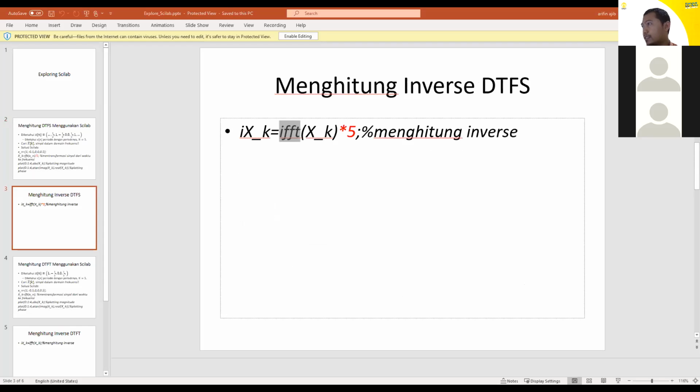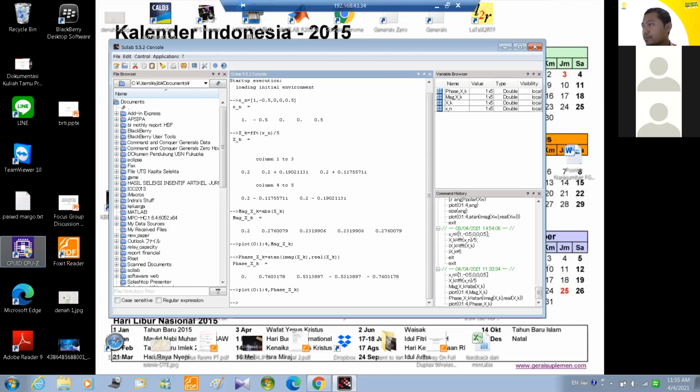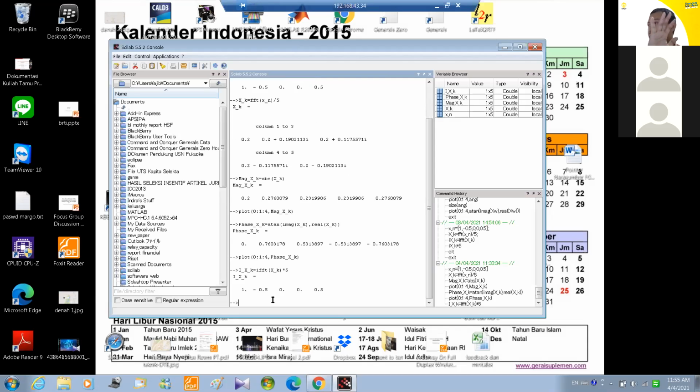Let me show you using Scilab again. You can see here, just write the inverse of xk, just IFFT. IFFT and then just write the xk multiplied by 5 and then bam, we got the answer.